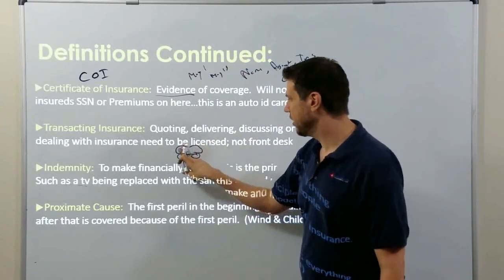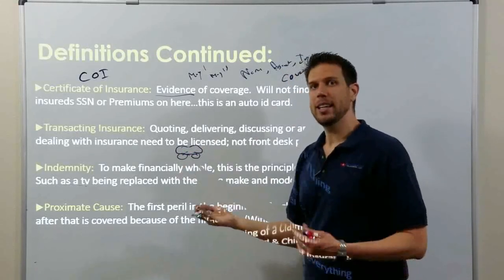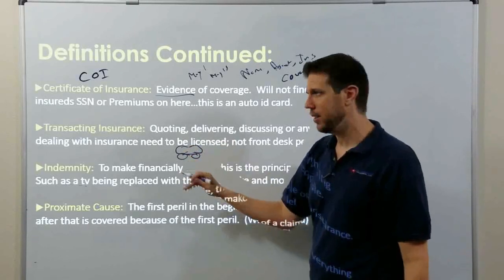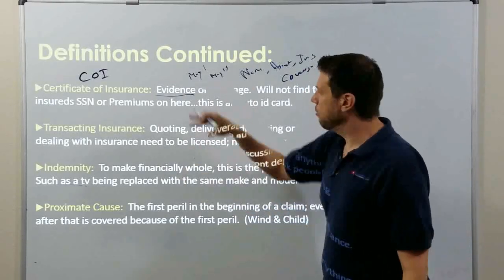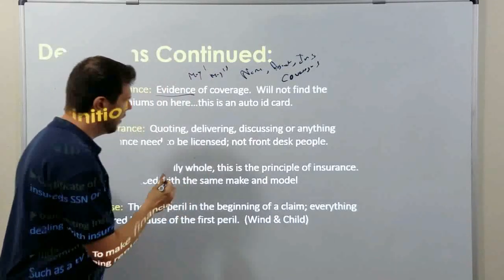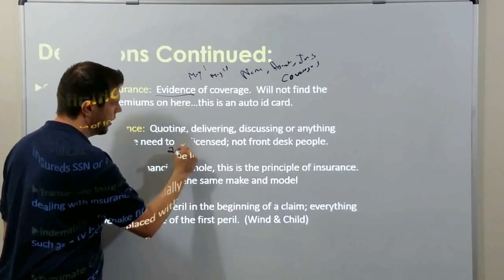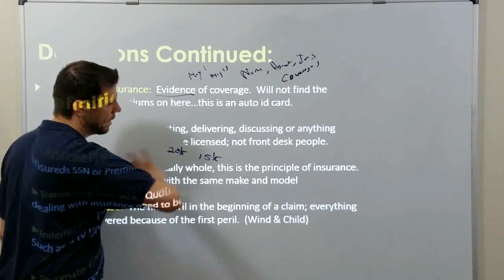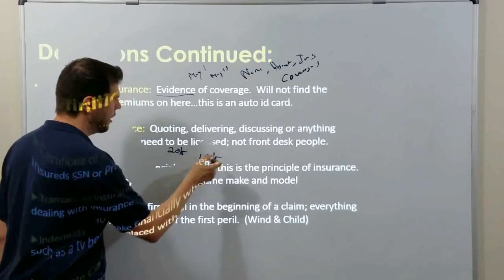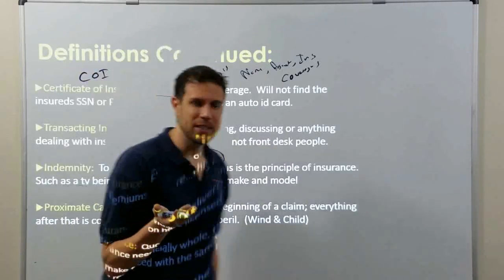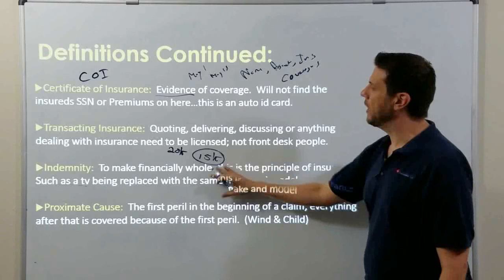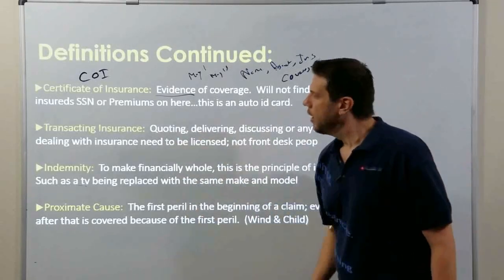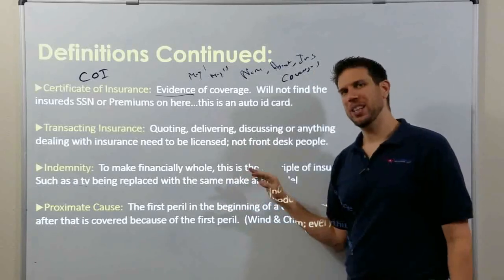They'll just fix the dent. That's indemnity. You have been made financially whole for the damage up to the limits in your policy. Let's say you had that ring, and the ring you said was worth 20, but the insurance company only insured it for 15. If the ring is lost, let's say fire, the insurance company only pays you up to the limits. Indemnity is to be made financially whole. It is the founding principle of insurance. We'll learn more about this on the next slide.